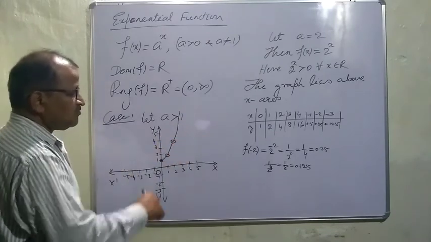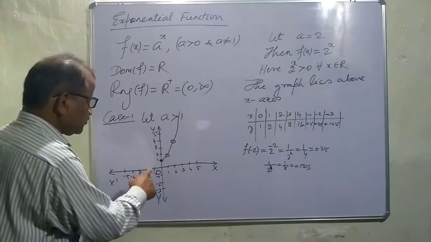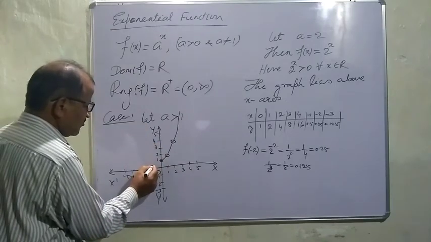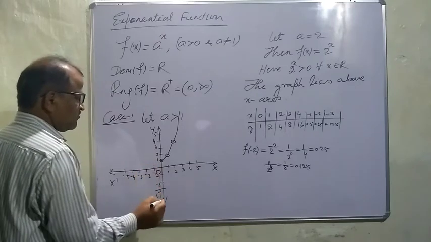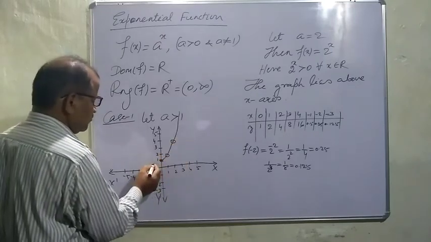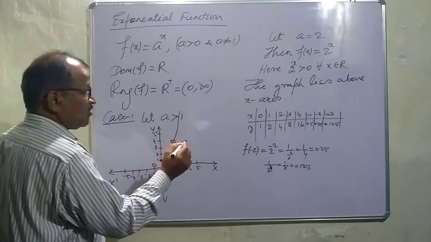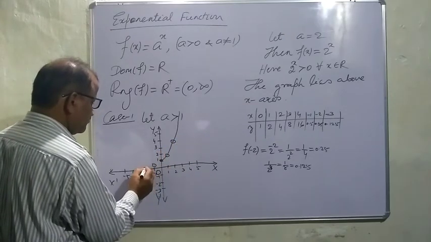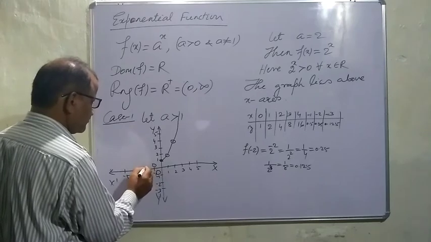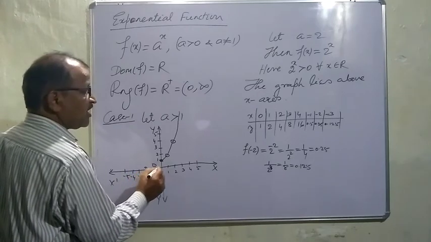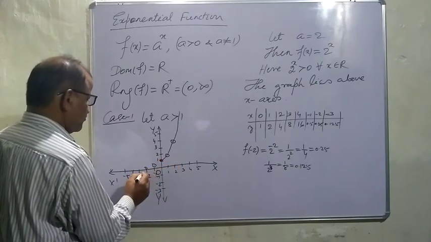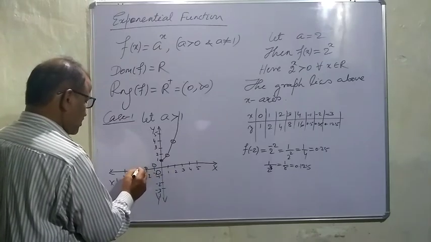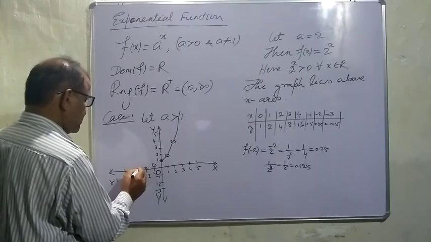Now, for x is equal to minus 1, it is 0.5, somewhere here. For x is equal to minus 2, it is 0.25, somewhere here. For minus 3, it is half of this.